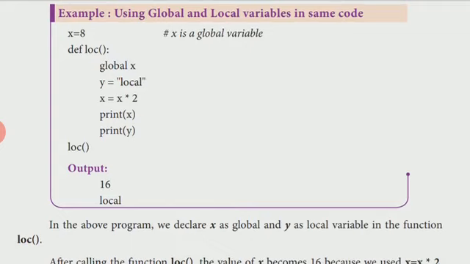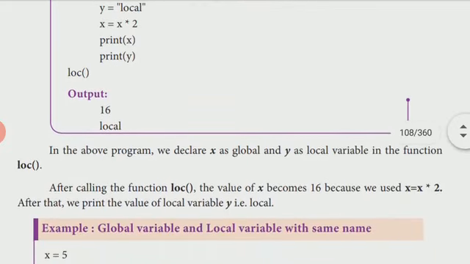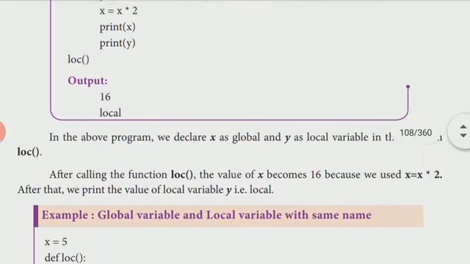The x value is what we have in the main program, 8. So 8 into 2 becomes 16. So here the x value is 16, and the y value is local.